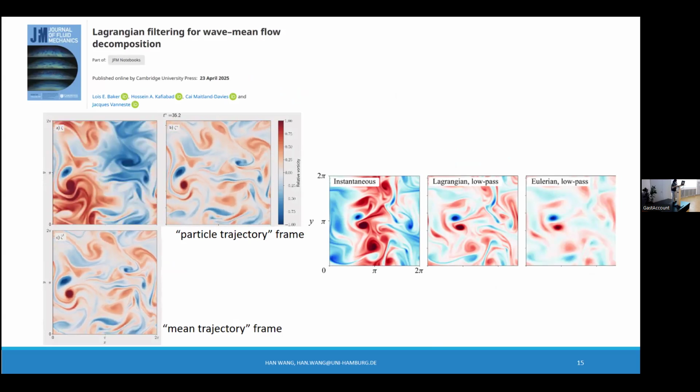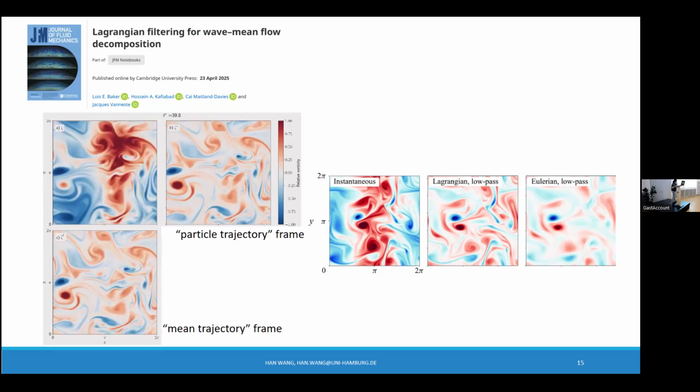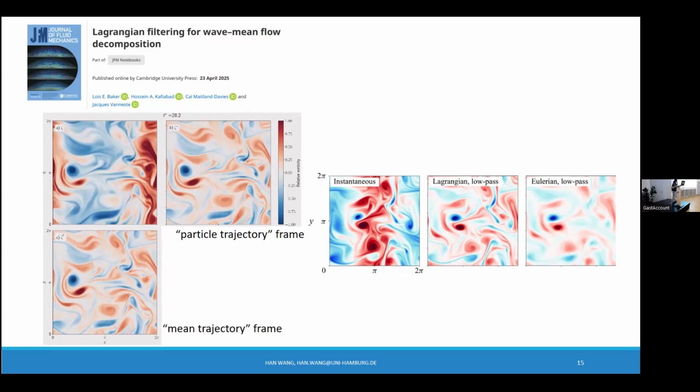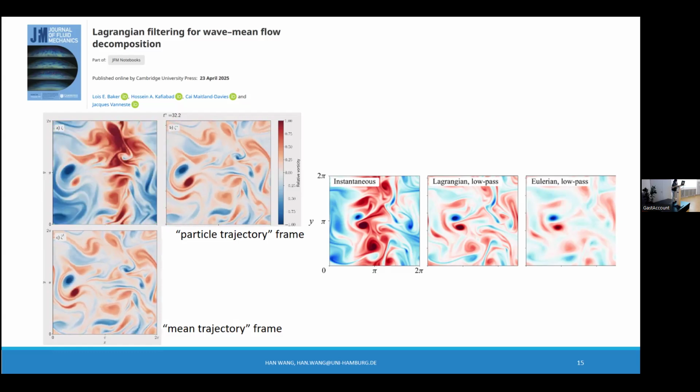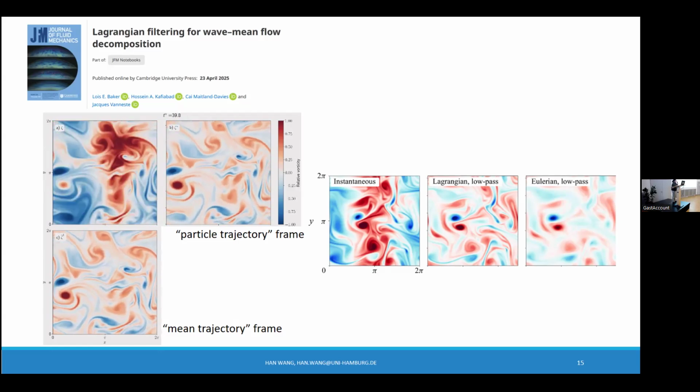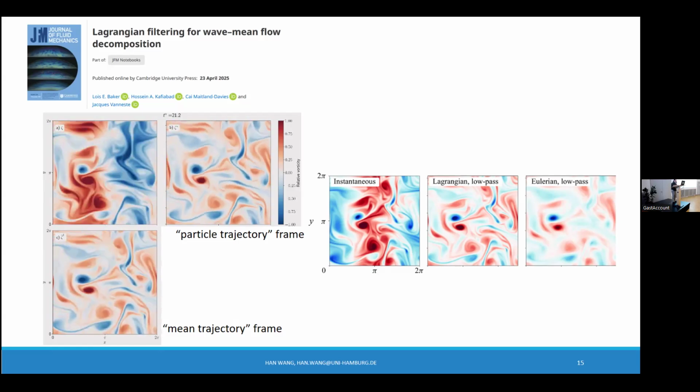And the third panel is the Lagrangian filtered mean vorticity that's following the mean trajectory frame. This is buried in the appendix, but I think this is a very powerful illustration that at least in these kinds of idealized extreme cases where they make the waves very strong, you can see the benefit of following the GLM mean trajectory frame when you filter the waves.